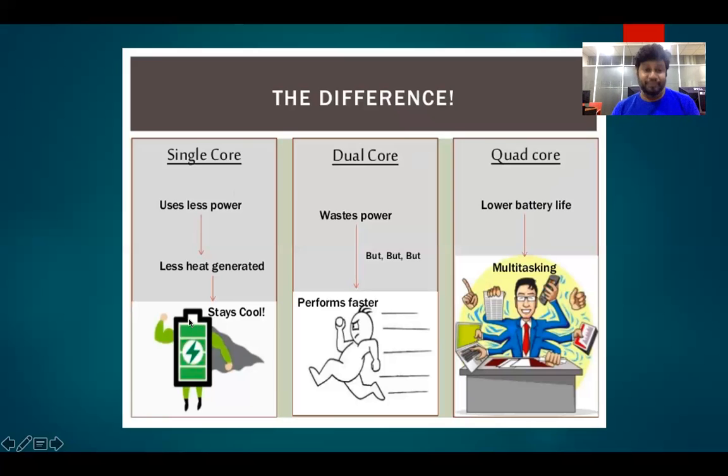ඉතින් first one එයා cool, එයා රත් වෙනවා අඩුයි. power අඩුවෙන් ගන්නවා. Second one, it needs more power but it is faster. Third one, it needs even more power, so low battery life because it will consume more power, but it can do many tasks. Even this can do many tasks, but quad core can do even more tasks.